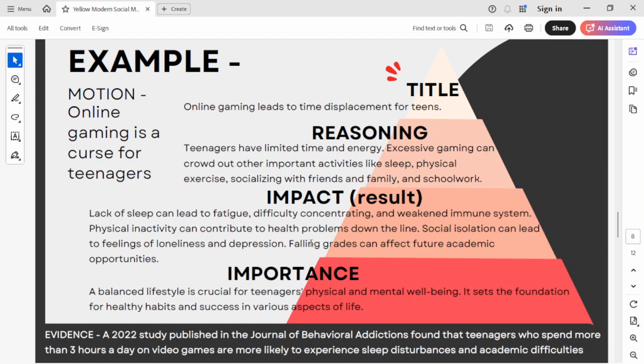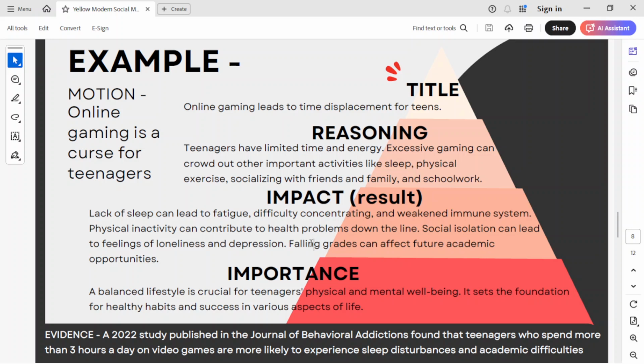Physical inactivity can contribute to health problems down the line. Social isolation can lead to feelings of loneliness and depression. Falling grades can affect future academic opportunities. So, a lot of impacting here. The importance they have given is that a balanced lifestyle is crucial for teenagers' physical and mental well-being. It sets the foundation for healthy habits and success in various aspects of life.